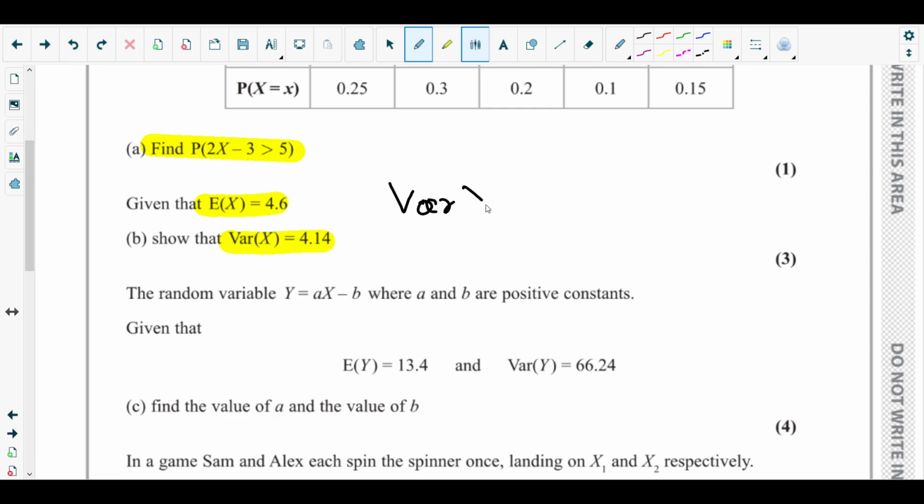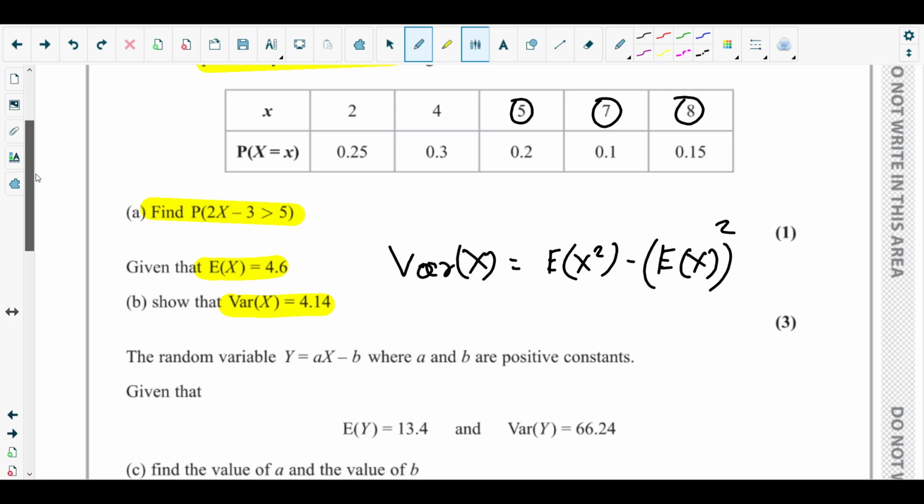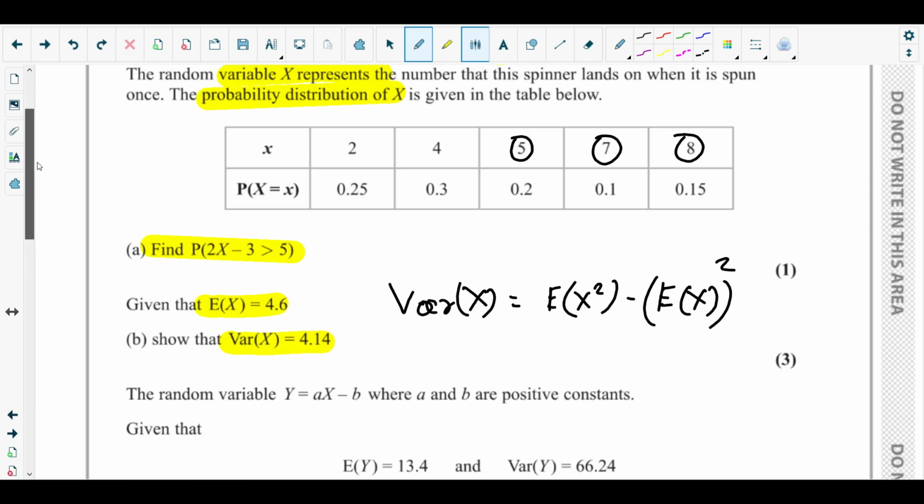Variance of x is the expectation of x squared minus the expectation of x, whole squared. The expectation of x is given, so we need to find the expectation of x squared.